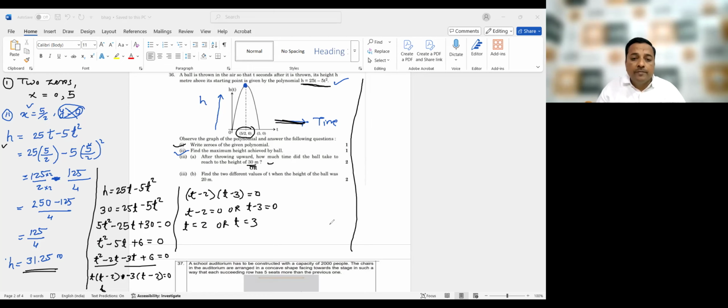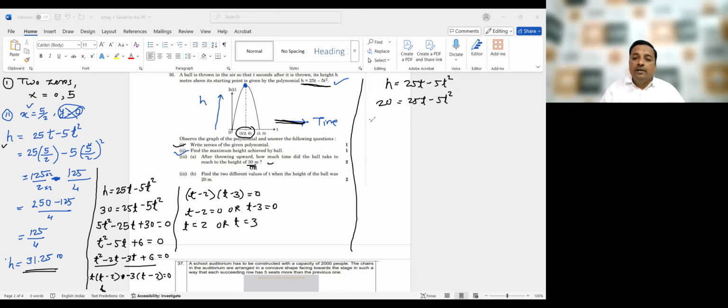And the next one is: find two different values of t. Here it is clearly stated to find two different values of t when the height of the ball was 20 meters. So again the same formula, h = 25t − 5t². The height is 20, so 20 = 25t − 5t².